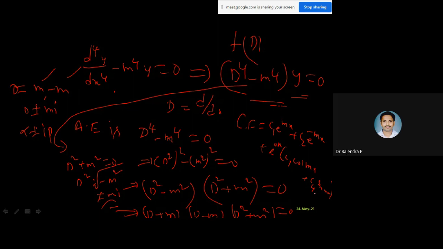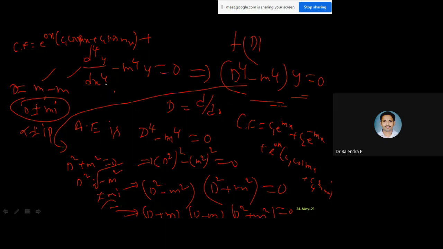Understood? Don't memorize by heart. Suppose somebody wants to write these roots first. Okay, you can write like this. Your complementary function CF is equal to e power 0x times C1 cos mx plus C2 sin mx. After writing these 2 roots, because these are complex conjugate roots, they will come together.